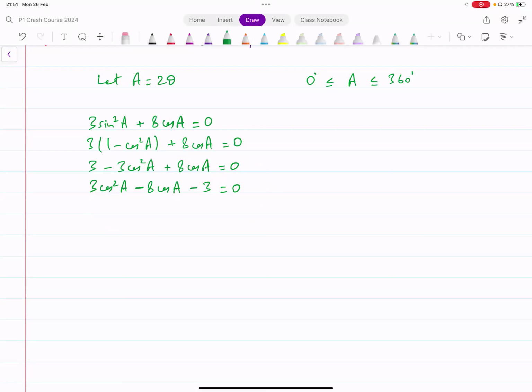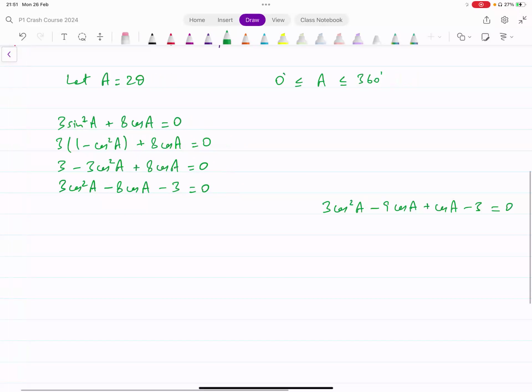Can we factorize this? Yeah, we can. So if you want to do it directly, you would do something like this: 3 cos square A minus 9 cos A plus cos A minus 3 equal to 0. Just break the middle term. Take 3 cos A common here.